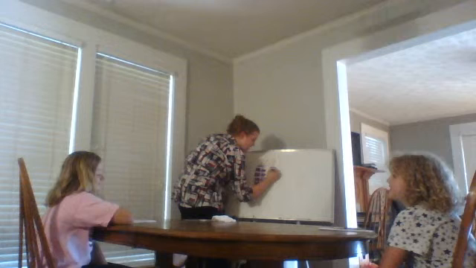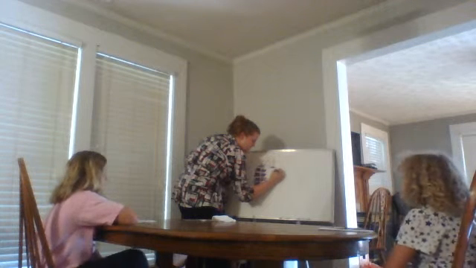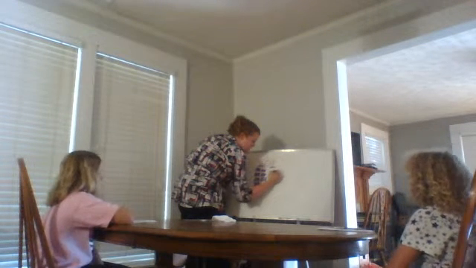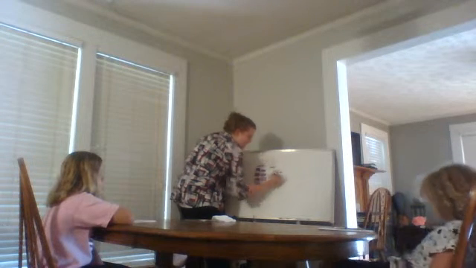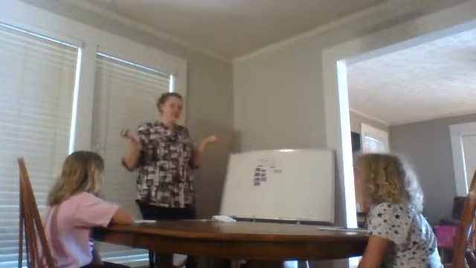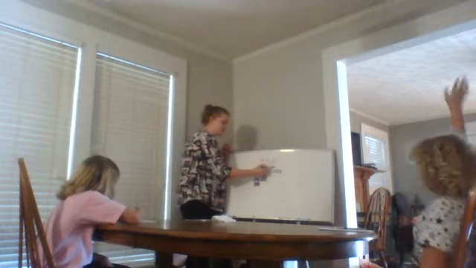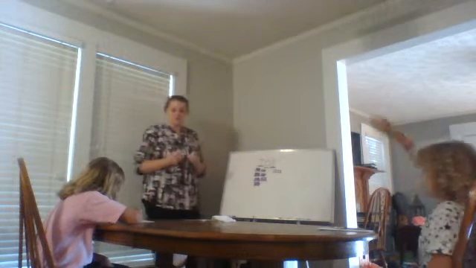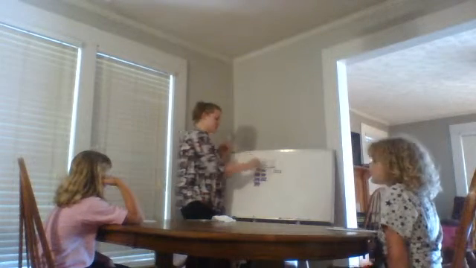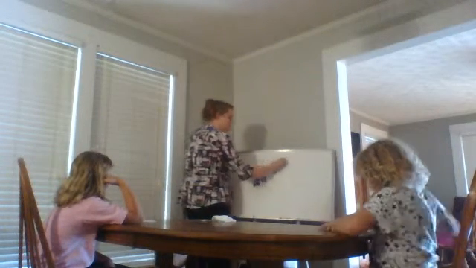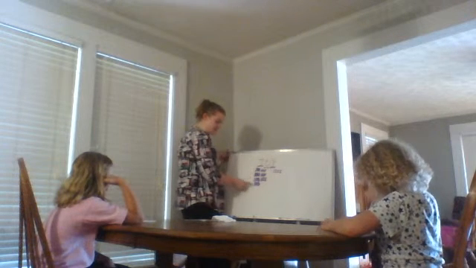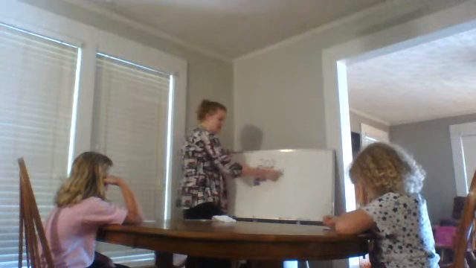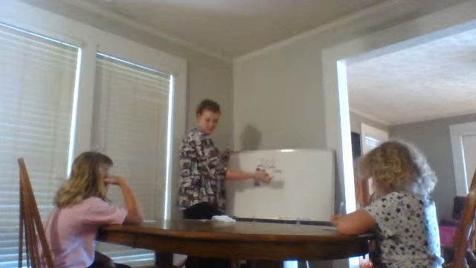So I'm gonna have 1, 2, 3, 4, 5, 6, 7, 8 dots. How many tens am I gonna have? What number is in my tens place? 0. Good job, Mackenzie. We have 0 in our tens place. So if I'm modeling 708, I have 7 squares and I have 8 dots.